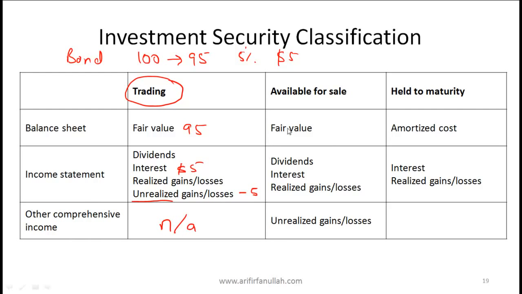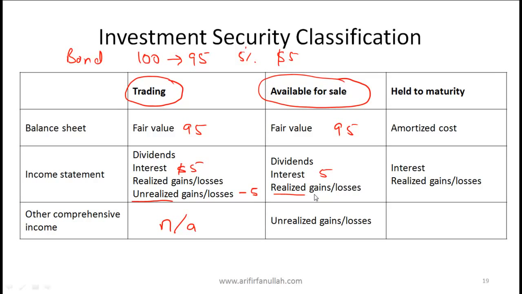Had you classified the bond as available for sale, then on the balance sheet you would still show it at fair value. So in my example, you would show the bond at 95. Income, so the interest of $5 would be shown. And now here is the difference between AFS and trading. You only show realized gains and losses on the income statement.